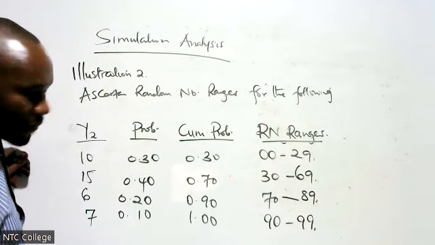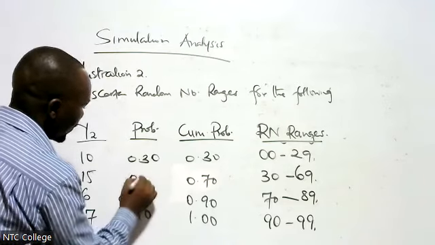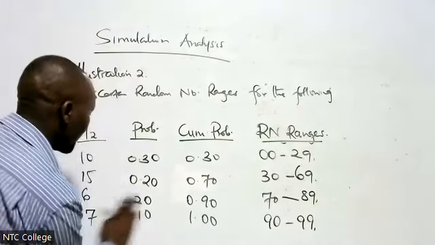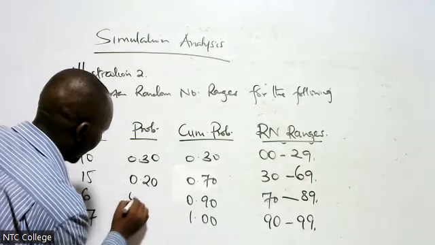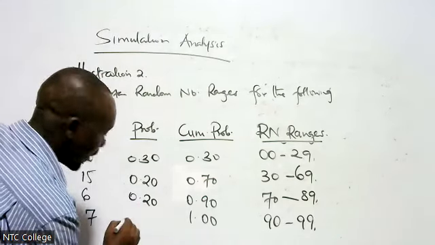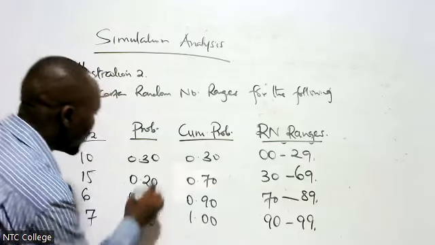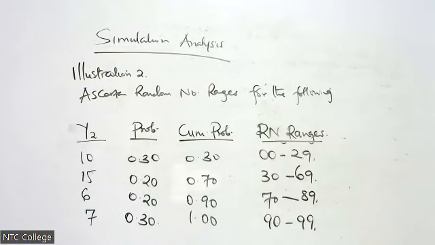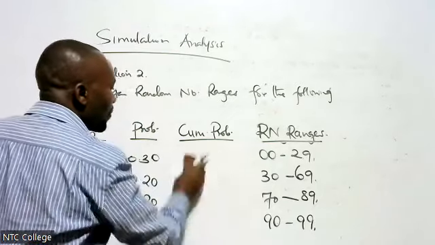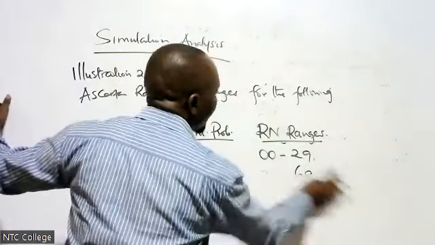So that we have 30, we have 20, then we have 20 again, then we have 0.3. It has to total 1, because the probabilities add up to 100%, which is basically 1.